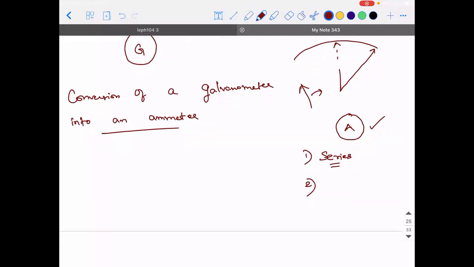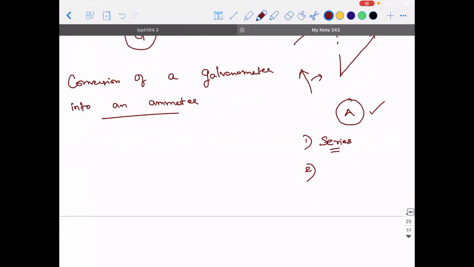Perfect answer. See, the logic is I have a resistor like this. Across this resistor, I'm connecting an ammeter in series. So the work of that ammeter is to measure the exact value of current through this resistor. If it has to measure the exact value through the resistor, it should not be in a position to draw any current.